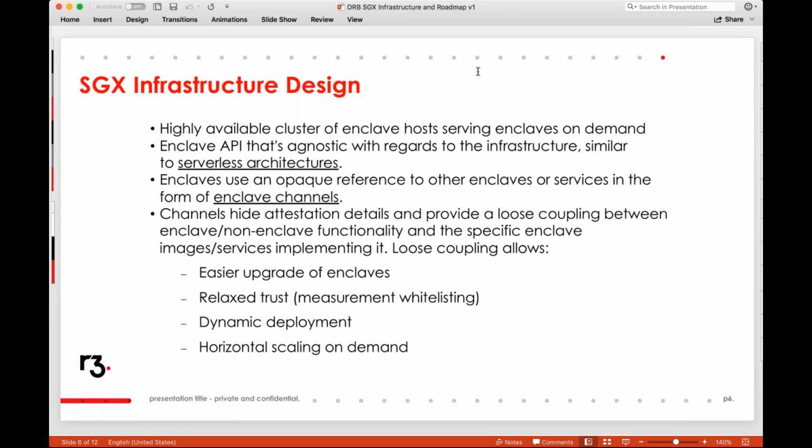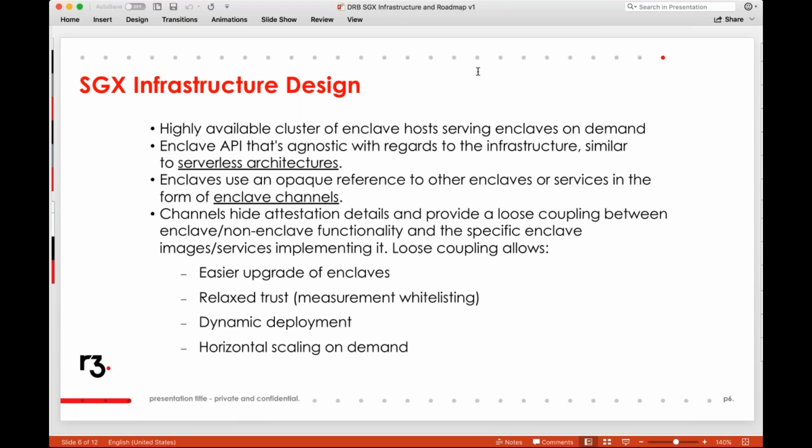This is very similar to serverless architectures, things like AWS Lambda, where we have lambdas which are code images, and the lambdas don't really know anything about the infrastructure underlying them. You just push a lambda to the infrastructure, and it will take care of it.